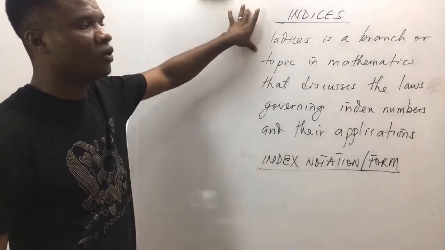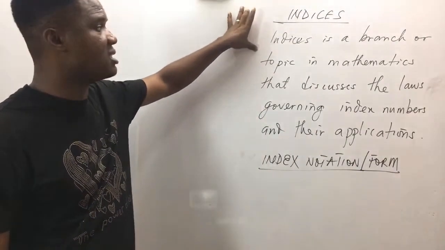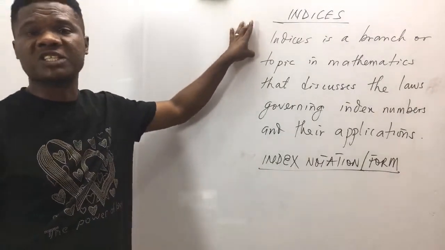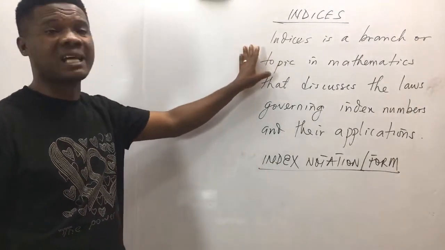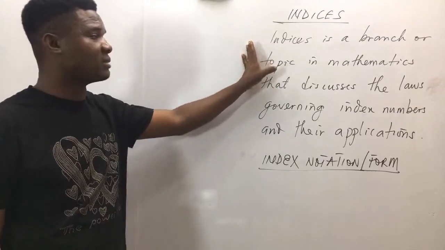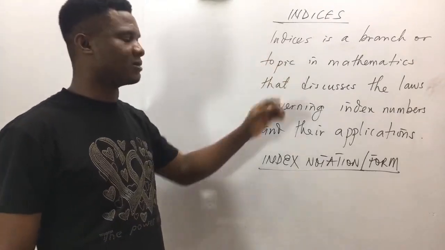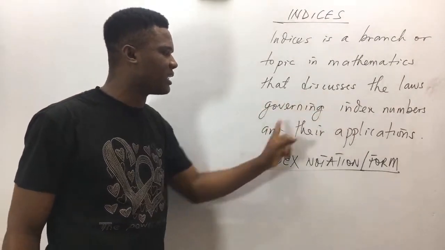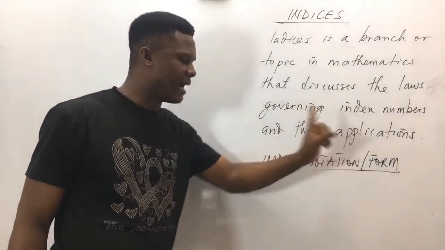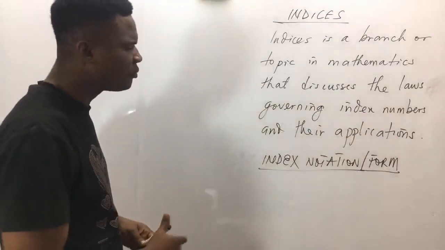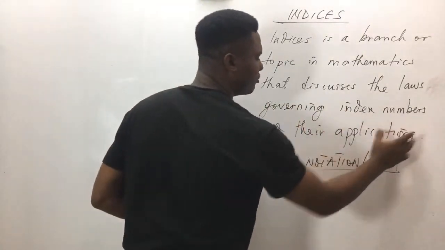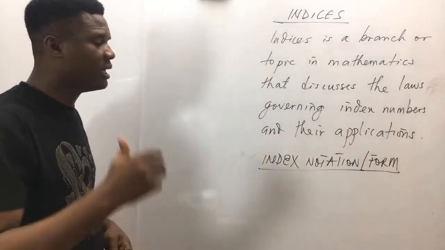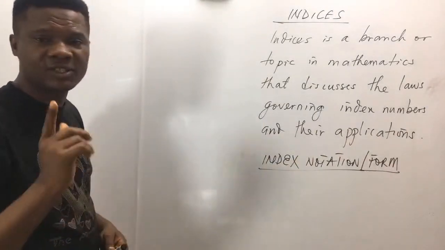So again, we are discussing the laws of indices, and we have started with the definition of indices, which tells us that indices is a branch of mathematics that discusses the laws governing index numbers and their applications. So when a number is said to be in index form or index notation, how do we represent such numbers?